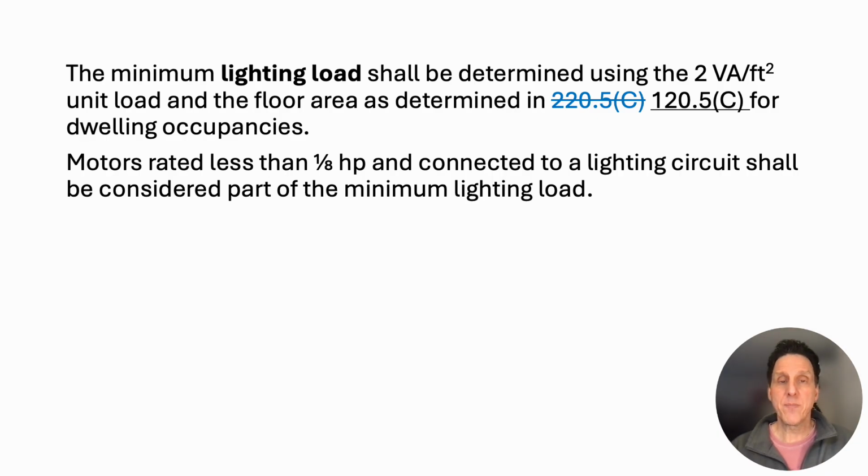An example of that might be a bathroom exhaust fan, right? It's a tiny little motor, probably on with the lights, very small load, so it's just part of the lighting circuit, no additional load calculation for that. Or a ceiling suspended paddle fan, like in a bedroom, for example. It's a pretty small load. It's probably on a lighting circuit. It may have a light kit on it. We're just going to say that's also part of the lighting load. No additional load calculation for those very small motors, really, is what they are, or an appliance.